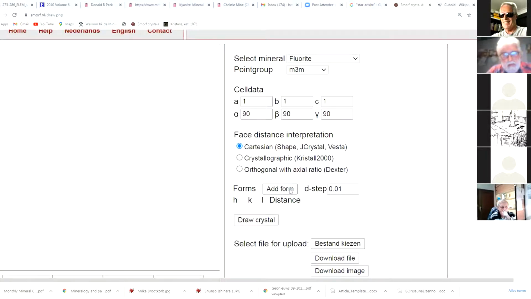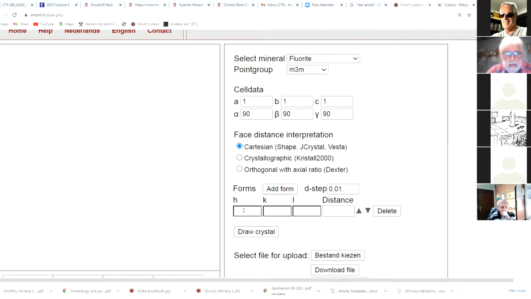So we click on add form, and then we get HKL, which are the symbols for the distance of the axes that are cut off by a face.